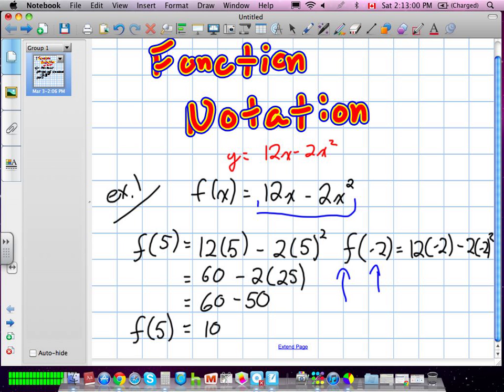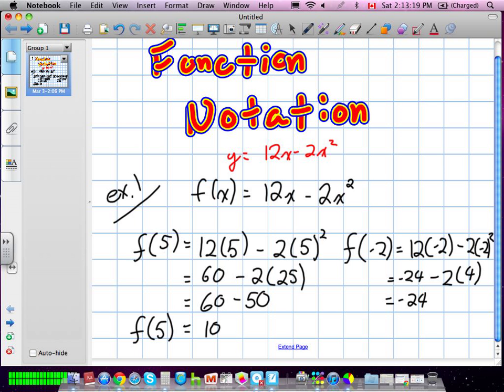So 12 times negative 2, negative 24. Negative 2 squared would give us 4. Okay, so we have negative 2 times 4, negative 8. And in the end, we end up with negative 32. So a big difference in terms of what our input was, right?